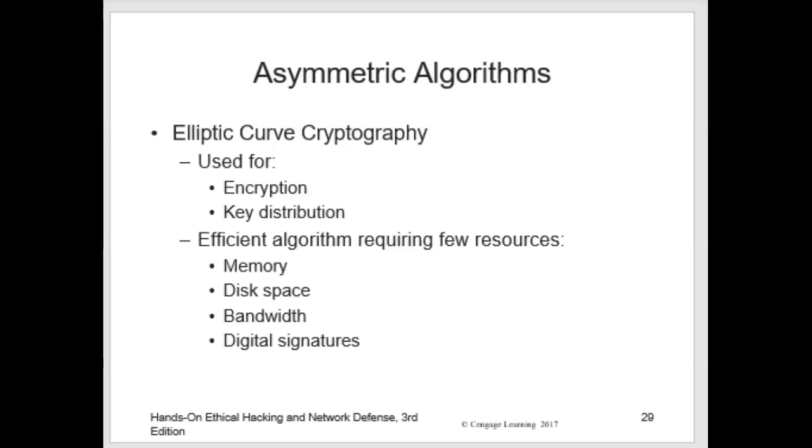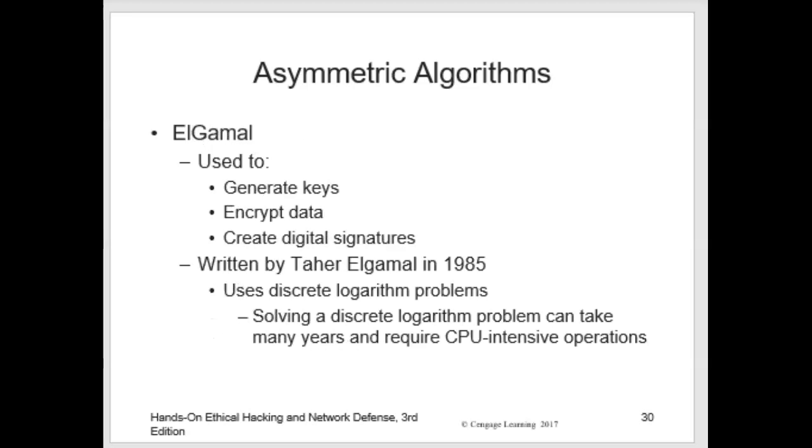Now, other asymmetric algorithms include ECC, or elliptical curve cryptography. This is a very efficient algorithm requiring few resources, like memory, disk space, or bandwidth. So it's a really good candidate for wireless devices and cell phones for encryption.